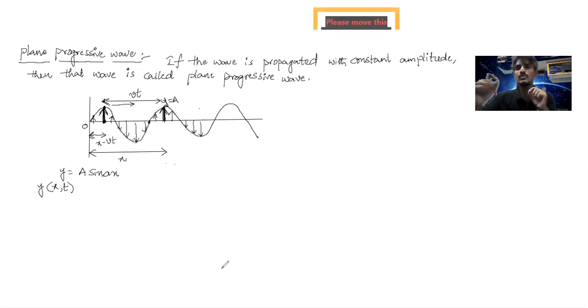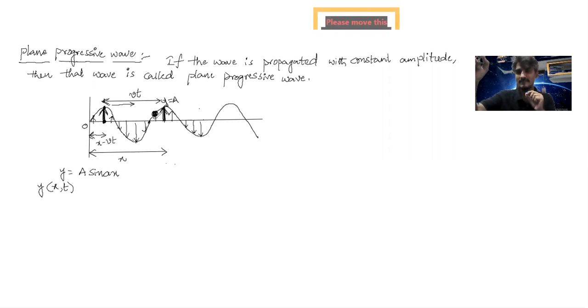If you want to find out the wave, then we have to write it as x. At what distance do you have to calculate, and at that x distance, what is the position of the particle? Suppose that position is this one. At some position the particle was there, at x distance from the origin.